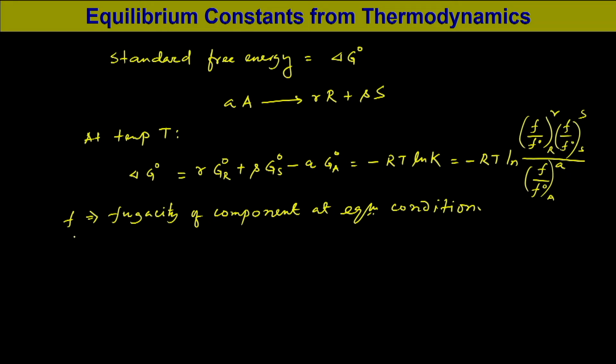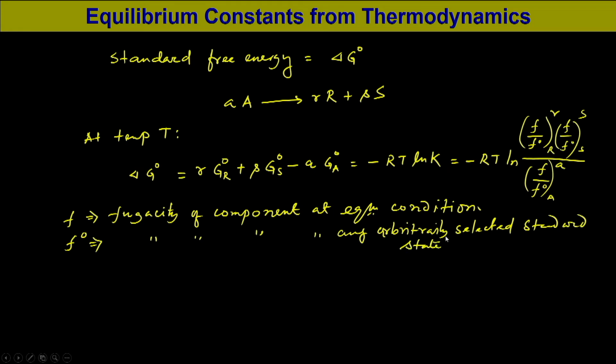And f naught is the fugacity of the component at an arbitrarily selected standard state at temperature T, and G naught is the standard free energy of a reacting component.